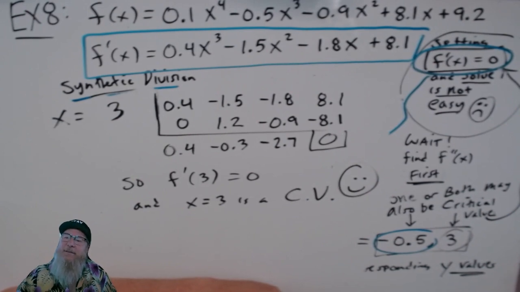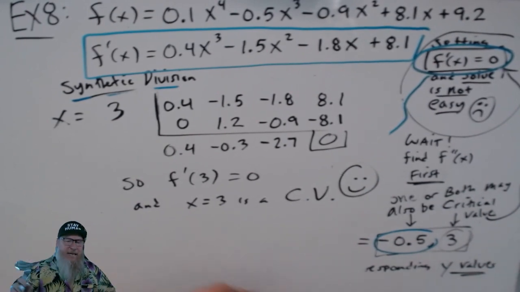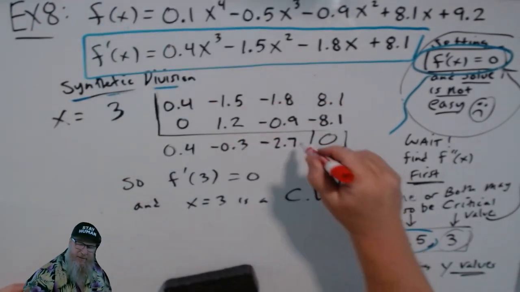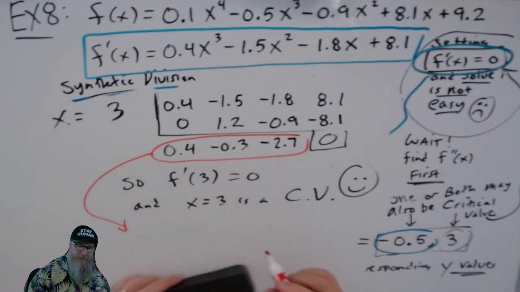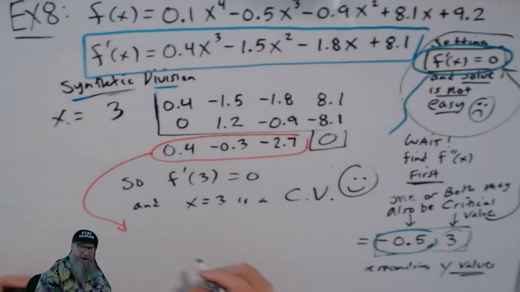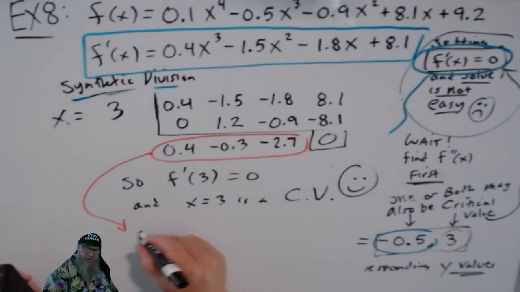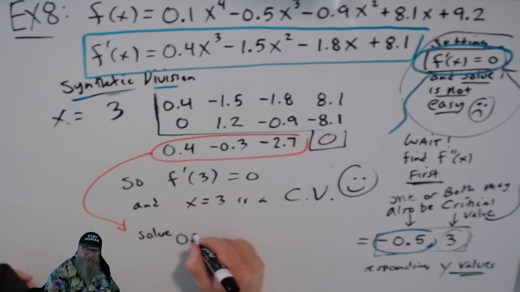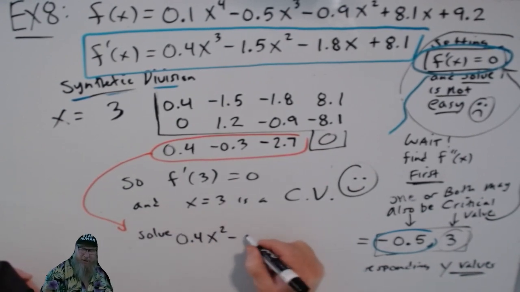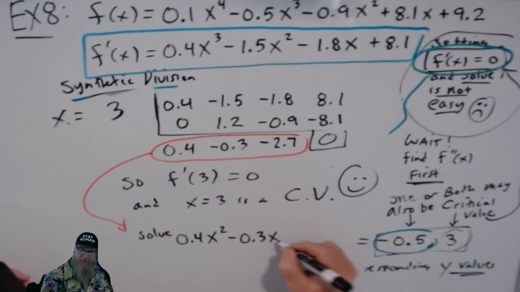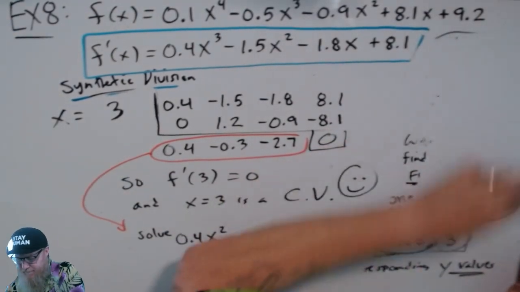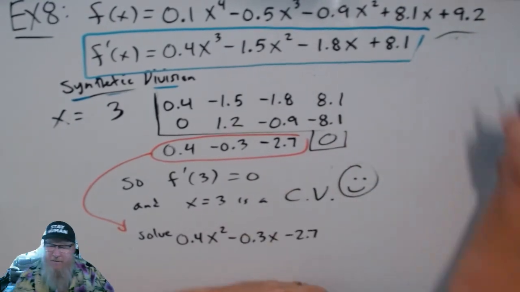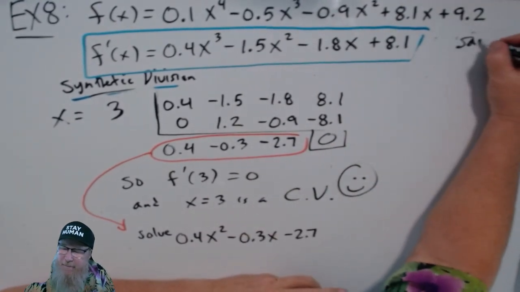That's nice. And the other two critical values can be found by solving a much easier equation. So I'm going to document everything that I want to save.